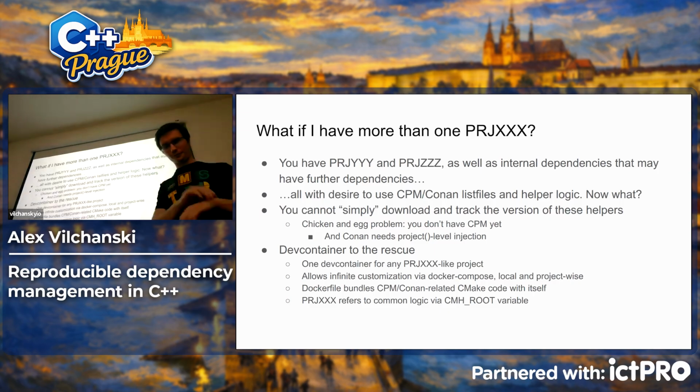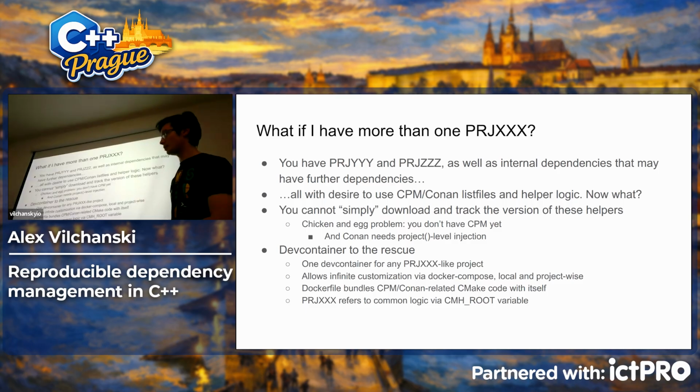Yes and no, because firstly, I would want something external to manage what versions of CPM and common provider list files I want to get. Because I want to configure it once at a certain place, and that would apply for project XXX, Y, and so on, for the whole family of projects.